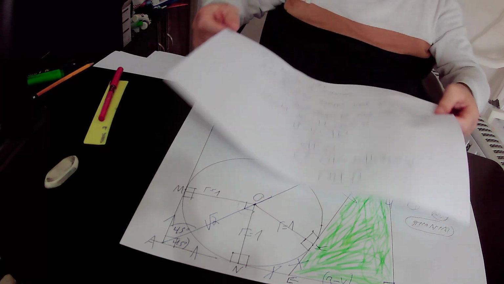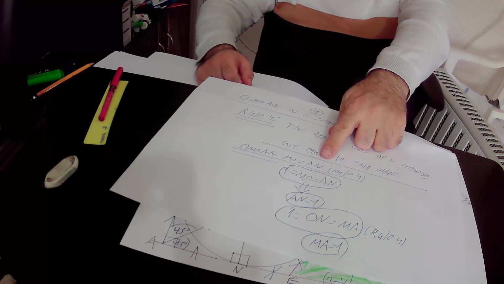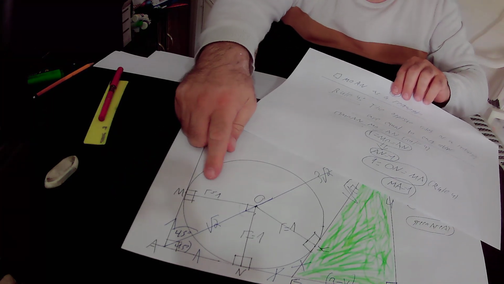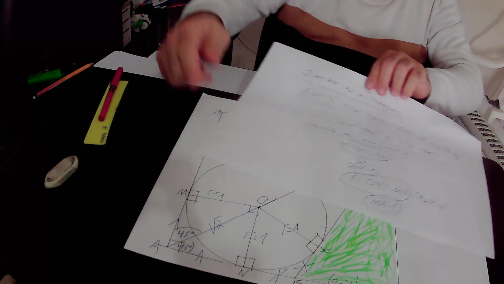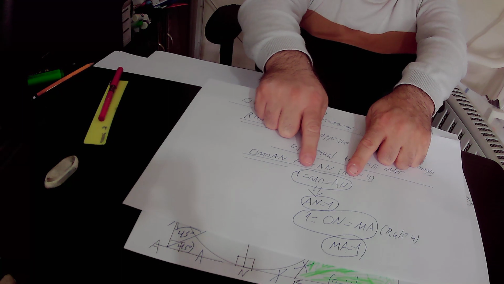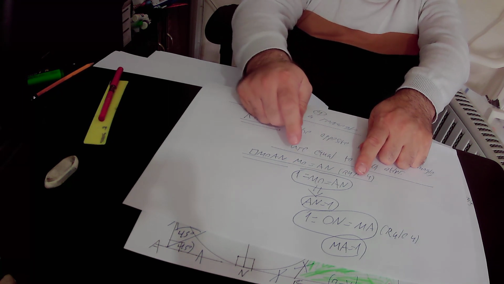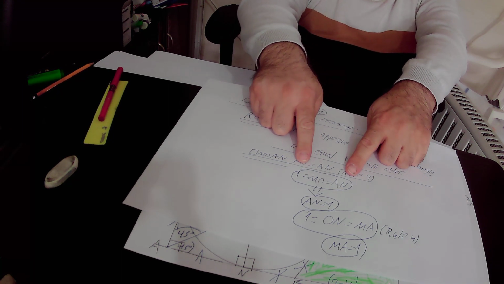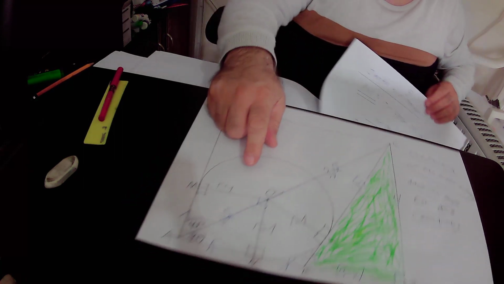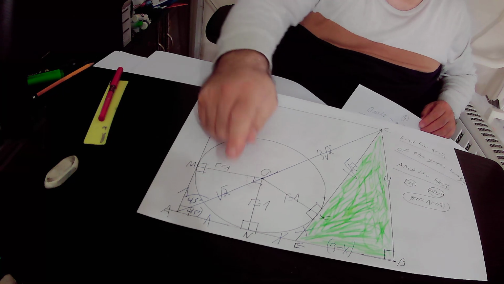Okay, OM equals AN according to rule number 4. But it is given in the question that OM equals 1 unit. From this equality, we conclude that AN also equals 1 unit. So here, AN equals 1 unit.